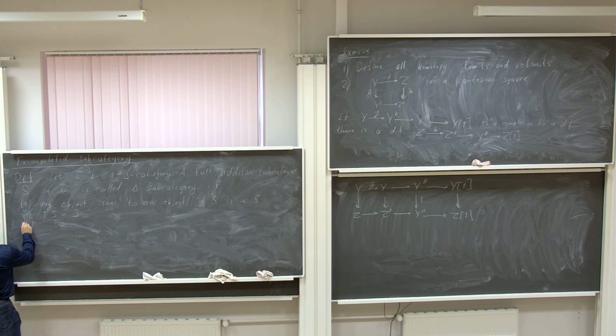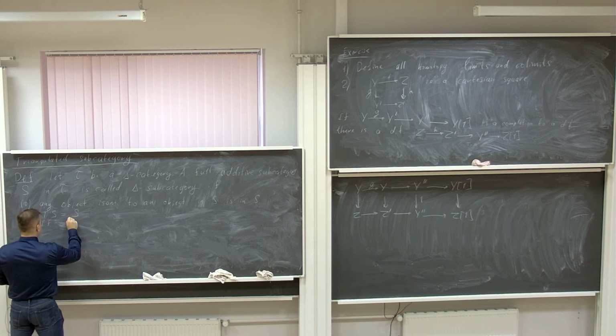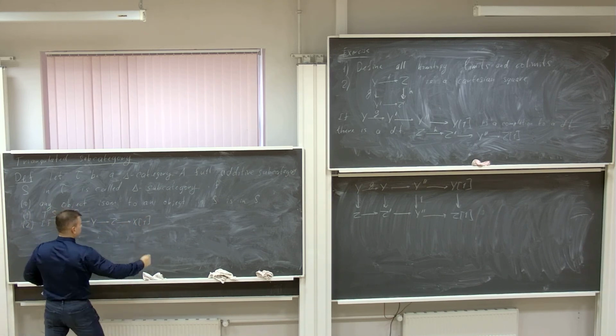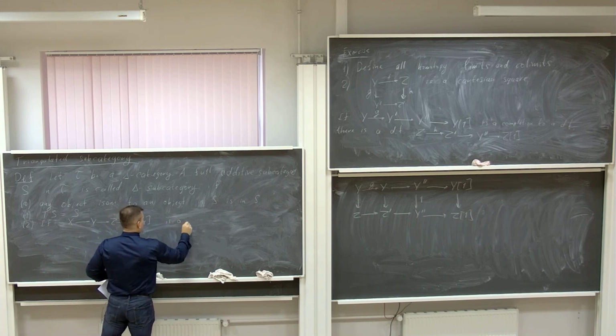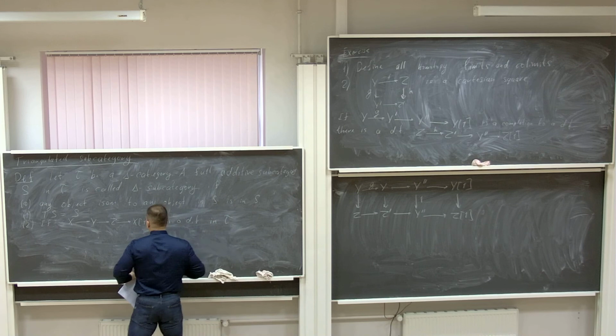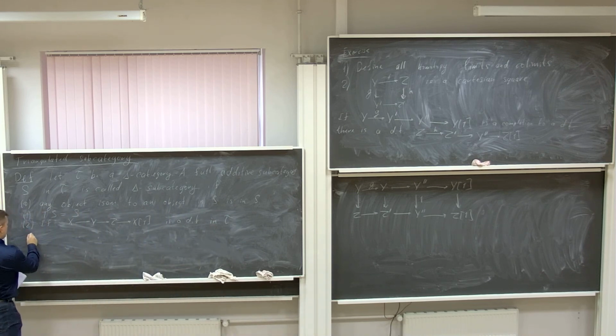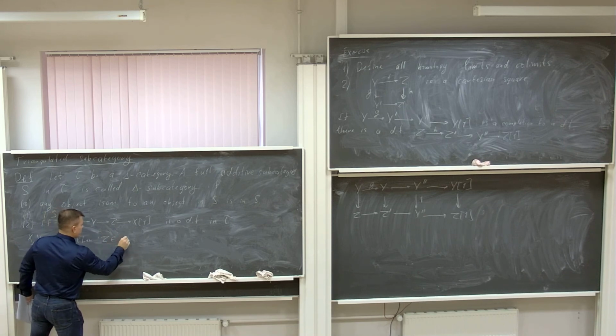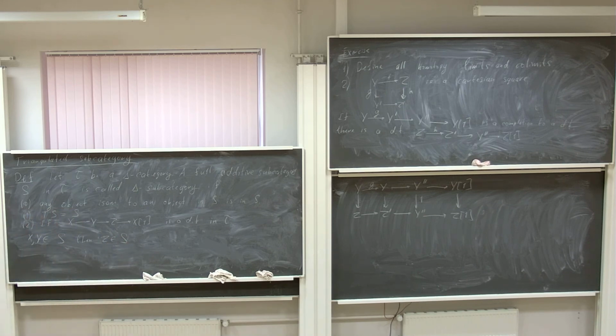And the last condition: if we have any distinguished triangle in T with two objects X and Y being objects in S, then the last object Z is also in S. Of course, again, applying the rotation, it's not important that I take this X and Y. I can take Y and Z and claim that X is in S and so on.